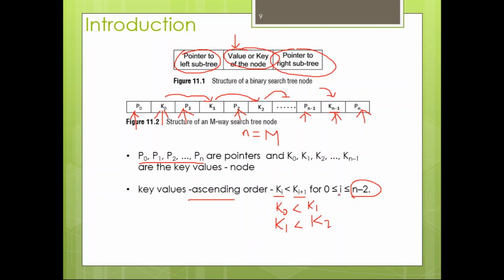When i is n minus 2, key n minus 2 will be less than key n minus 2 plus 1, which is nothing but key n minus 1. So this is the maximum key value we have, up to n minus 1, because the number of keys will be 1 less than the number of pointers.